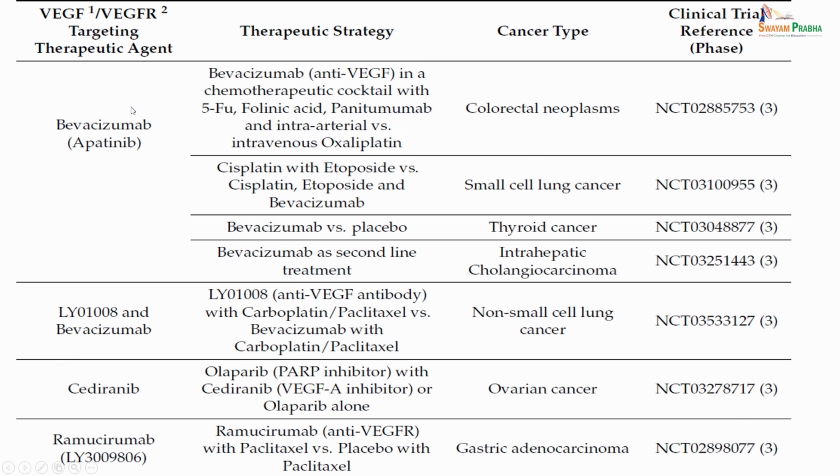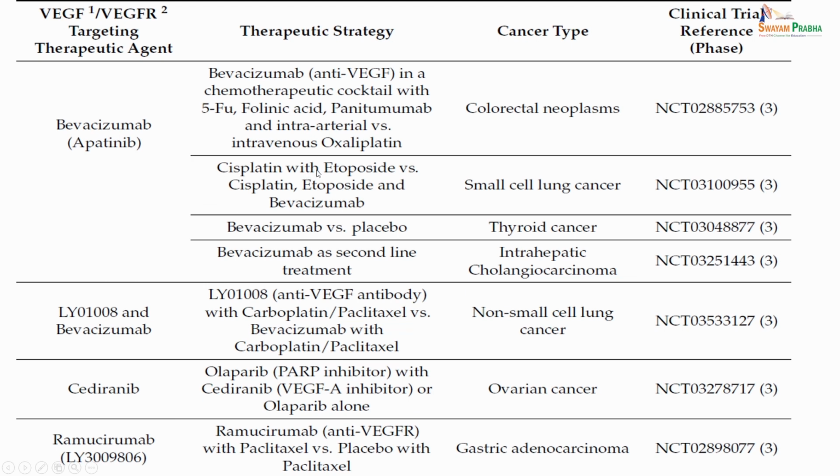Now, coming to the first trial where bevacizumab has been used, it is an anti-VEGF, and it has been used in a chemotherapeutic cocktail, that is bevacizumab along with 5-fluorouracil, folinic acid, and panitumumab, and intra-arterial versus intravenous oxaliplatin. So this combination versus oxaliplatin has been studied in colorectal neoplasms.